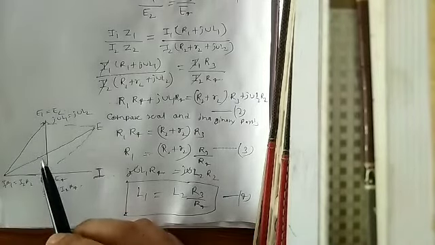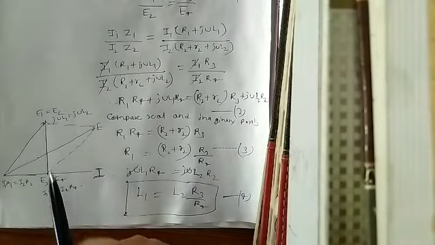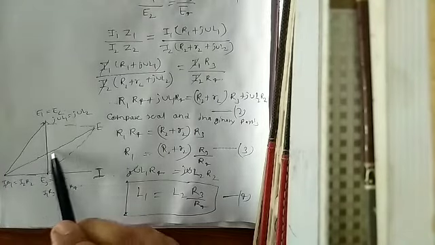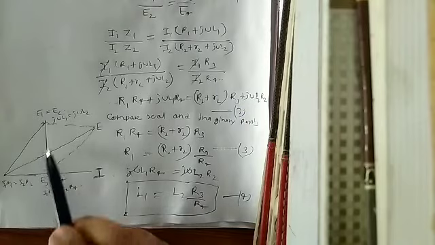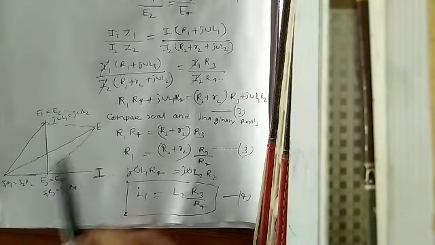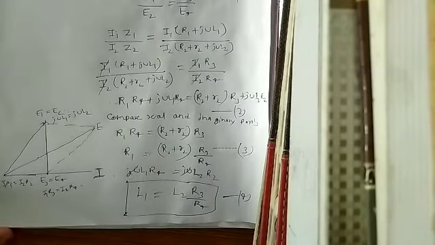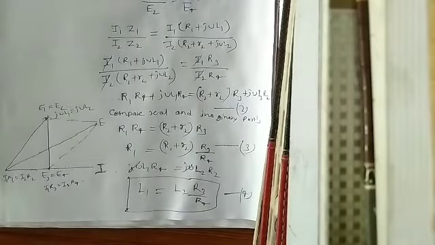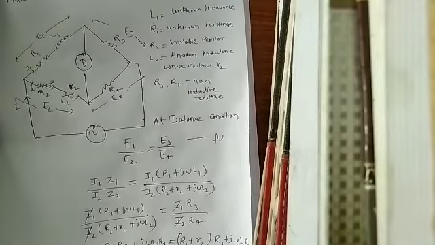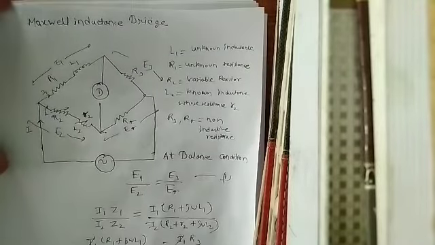Now with both these phasors we can draw the resultant voltage E, and drawn with a dotted line we can find the phasor diagram for Maxwell bridge. Here with the help of Maxwell inductance bridge we can find the value of unknown inductance L1.